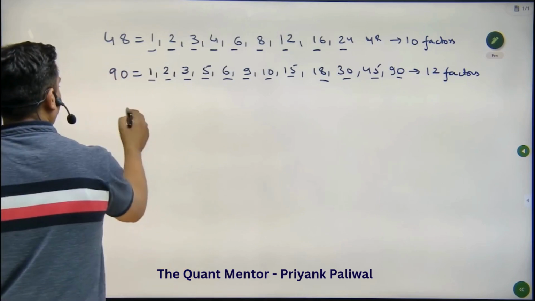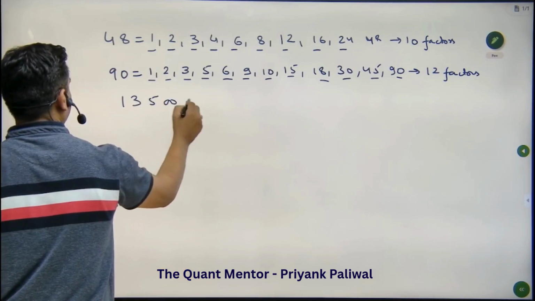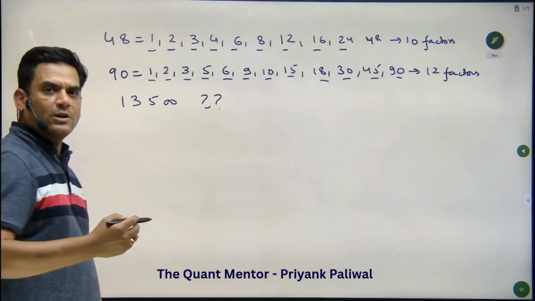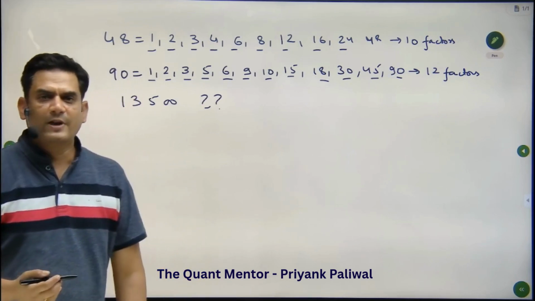But if I ask you how many factors does 13500 have? Now I cannot write out these numbers. So we have a formula.